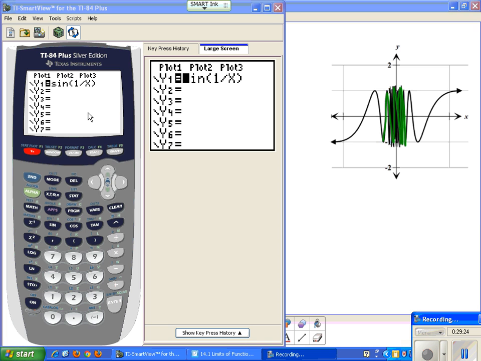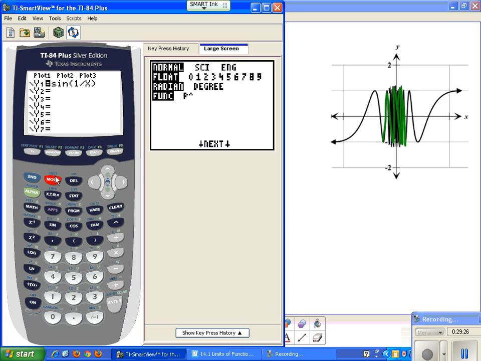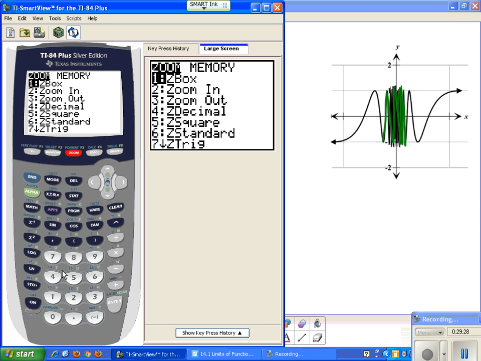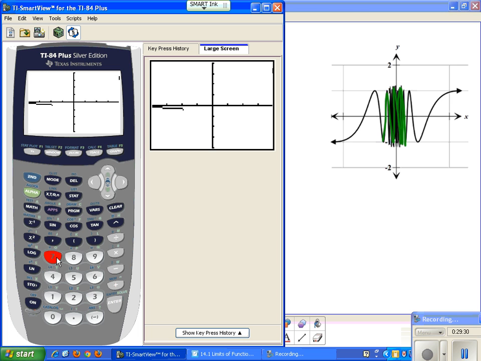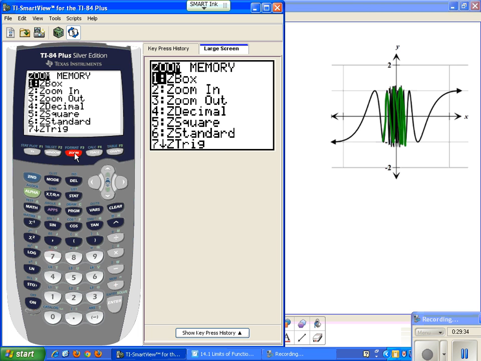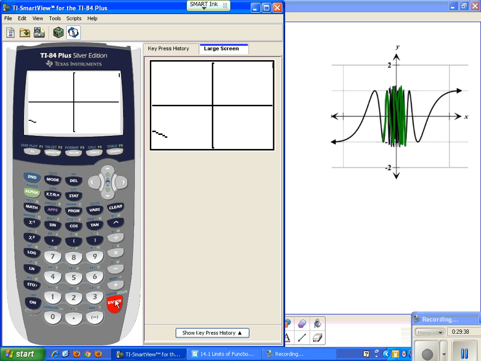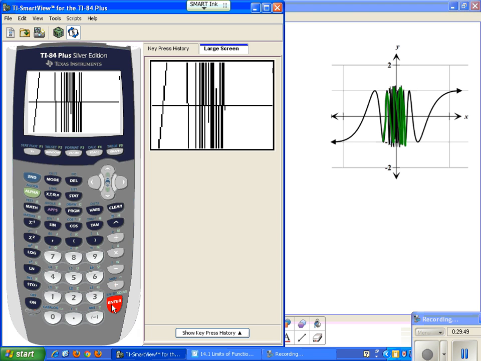So if you graph it, sine of 1 over x, make sure you're in radian mode, hit zoom 7 for a nice trig graph. If we look here, it's hard to tell what's going on there, so then I would just zoom in. And if you notice, the more and more you keep zooming in, if I hit enter again, I'm going to zoom in again, these values are just going back and forth and back and forth.